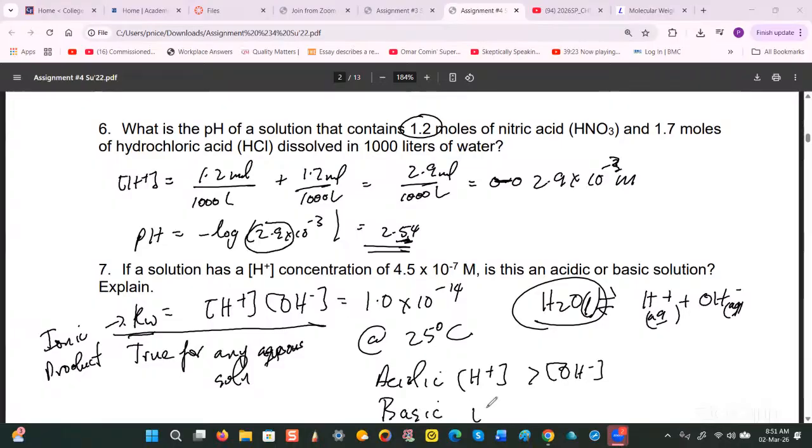The concentration of H plus is less than the concentration of OH minus. And in a neutral solution, the concentration of H plus is equal to the concentration of OH minus. All right? So, what do you think the answer to this question is? If the concentration of H plus is 4.5 times 10 to the minus 7, is this solution acidic or basic?